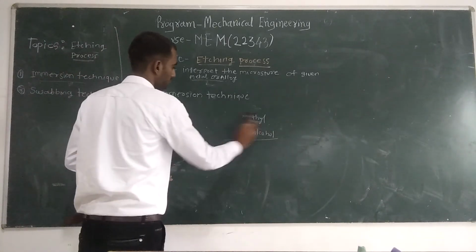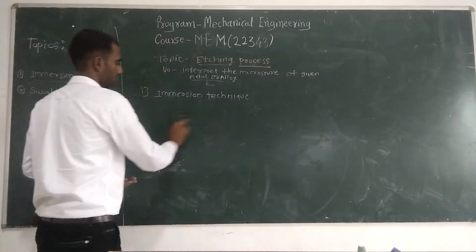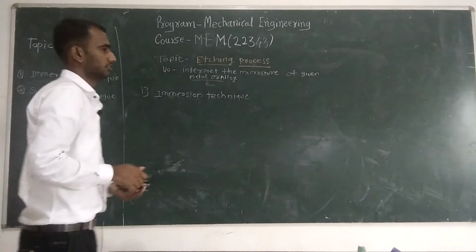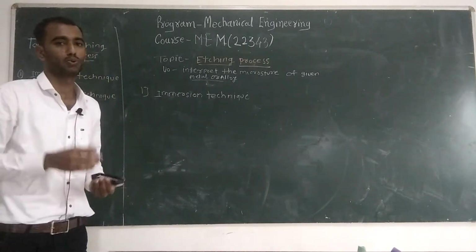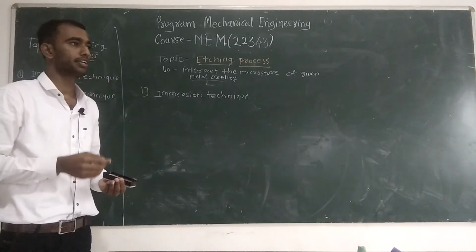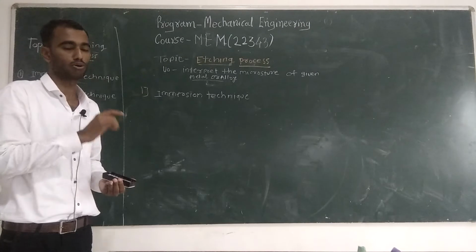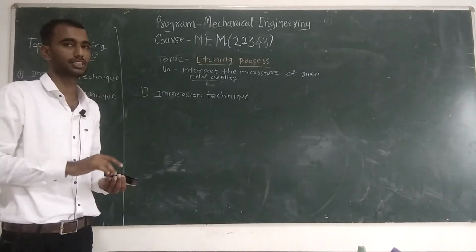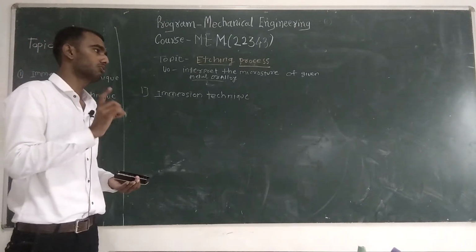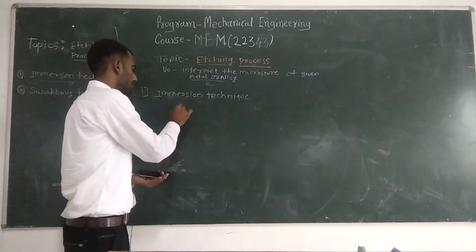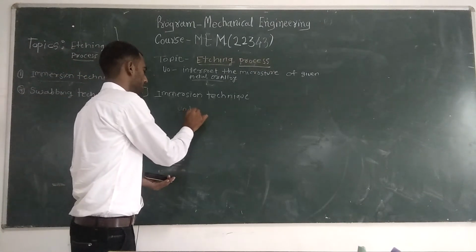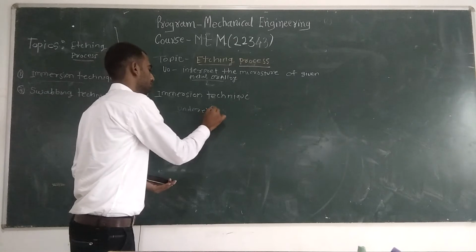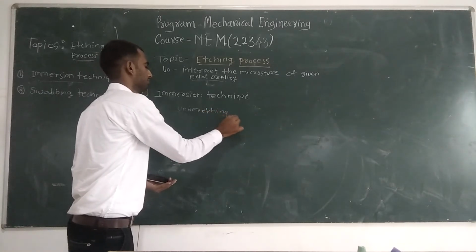Then the specimen sometimes gets overetched. If you know or you don't know the behavior of the etchants, then in that case under etching is better as compared to over etching.